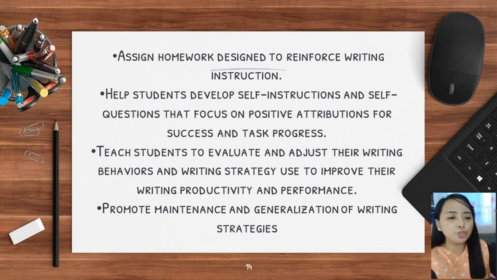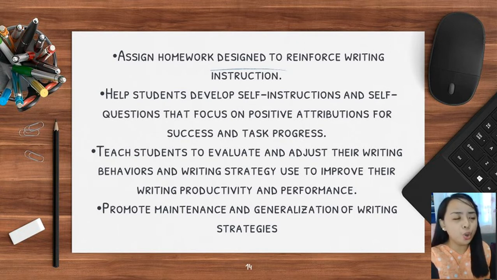Next, help students develop self-instructions and self-questions that focus on positive attributions for success and task progress. Next is to teach students to evaluate and adjust their writing behaviors and writing strategy used to improve their writing productivity and performance. So view the improvement of students' writing as your responsibility.